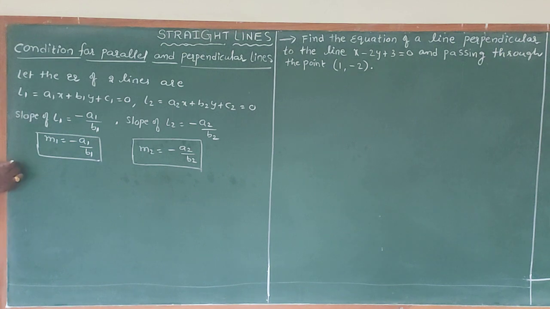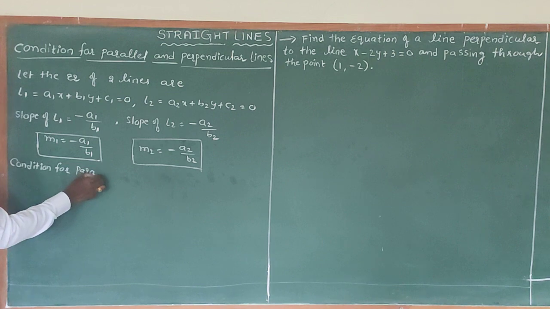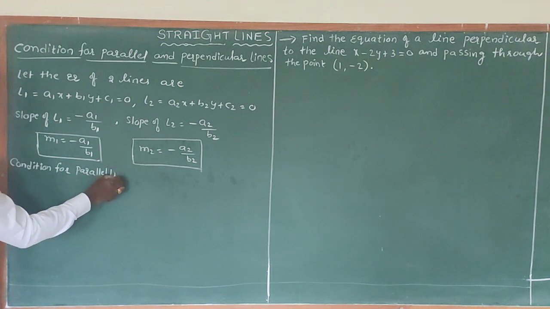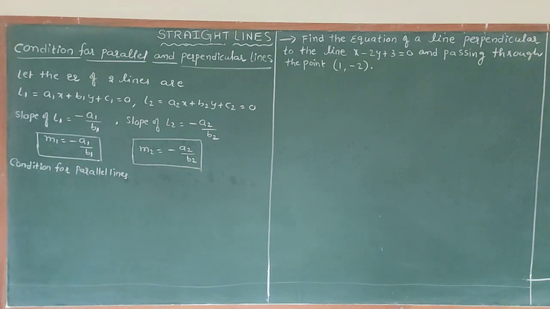Next, the condition for parallel lines. Already we discussed, if two lines are parallel, then slopes are equal. m1 is equal to m2.